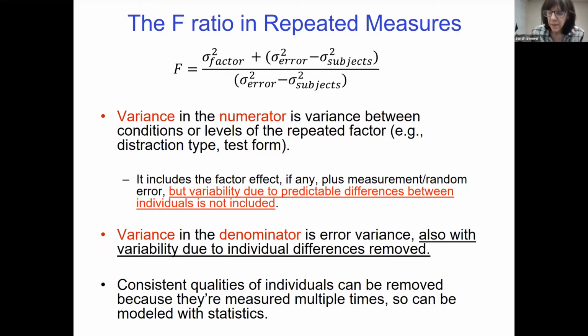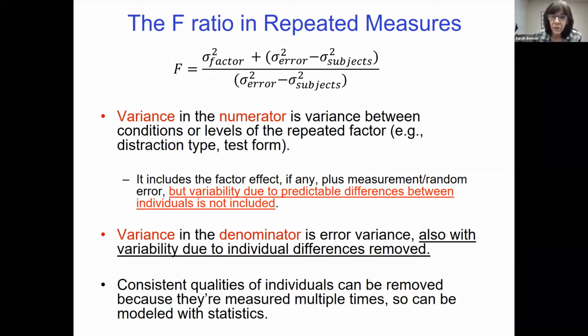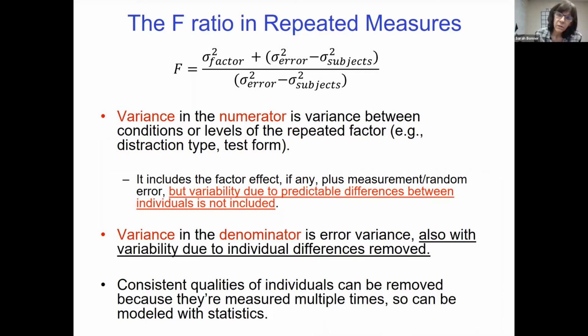And it always does in all F ratios. You always have to take into consideration that with sampling and other difficult to capture conditions like individual fluctuations, there's going to be error variance. So the variance due to the factor includes some kind of an error term. The denominator is the error term.